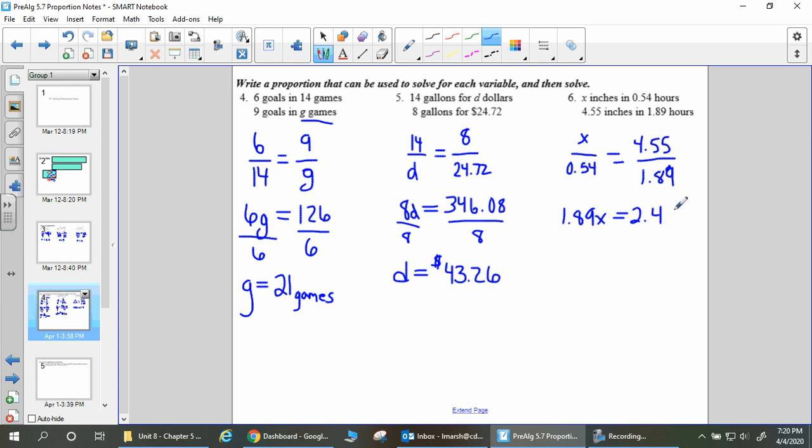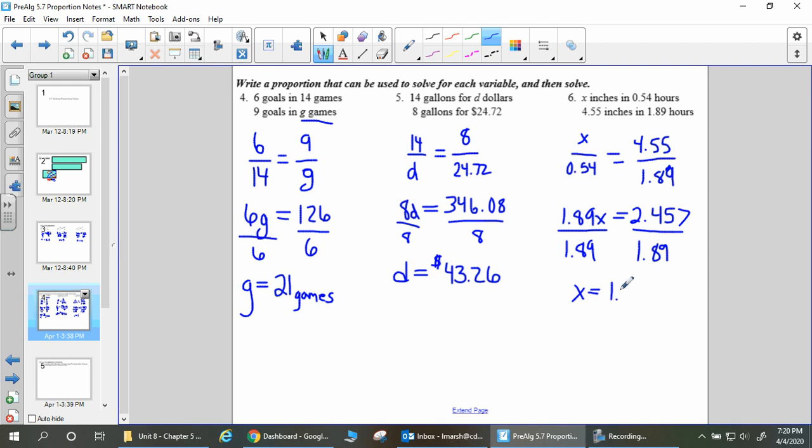That's what came up on my calculator. So I'm just going to keep all of the numbers for right now, and we're going to see what happens. So if I divide this by my 1.89, that means in this case, X is going to equal 1.3.